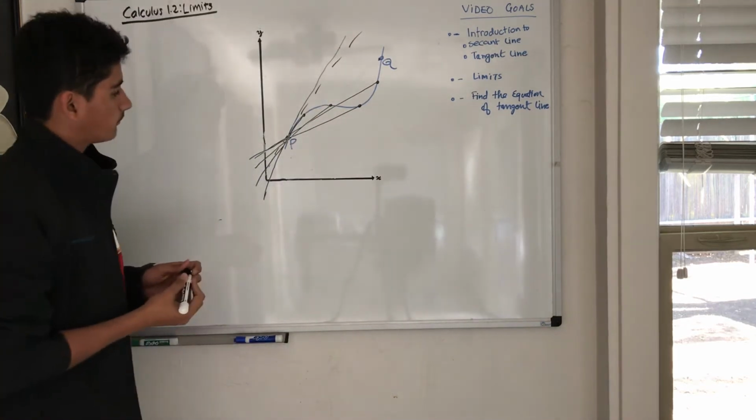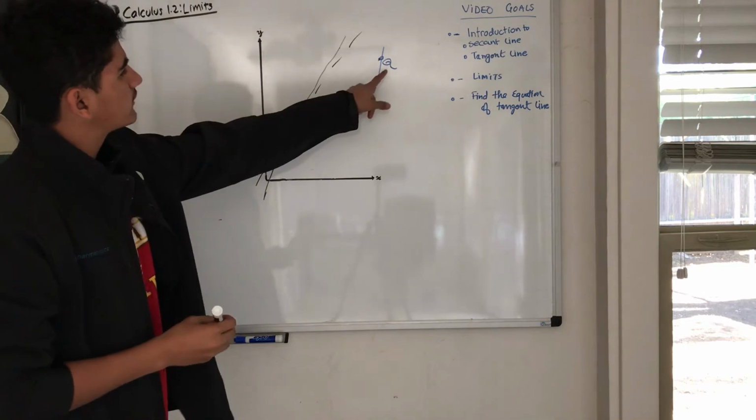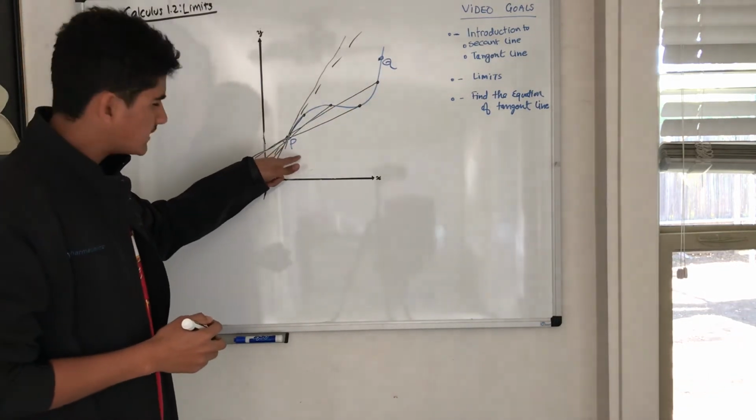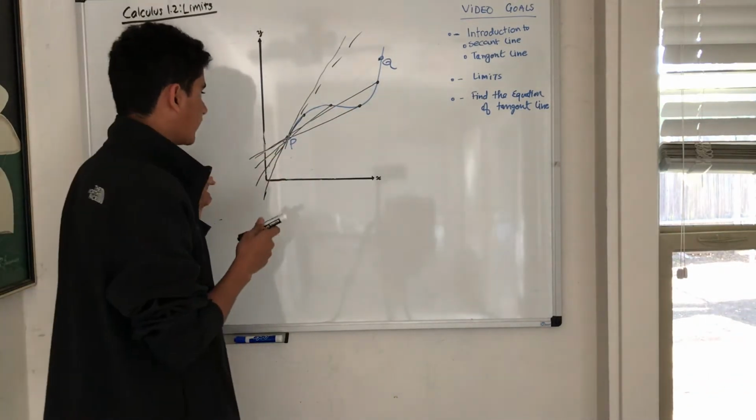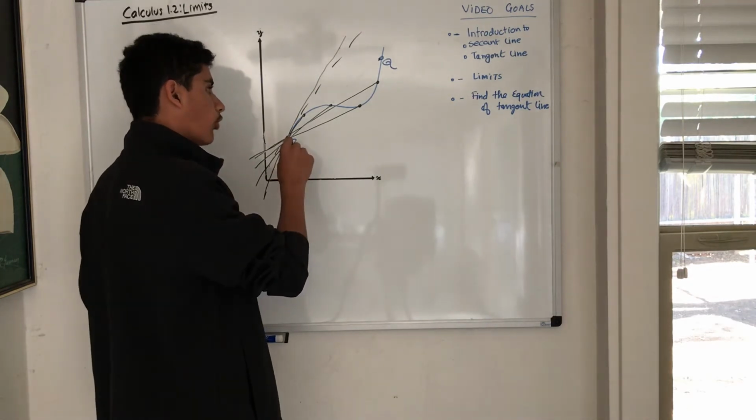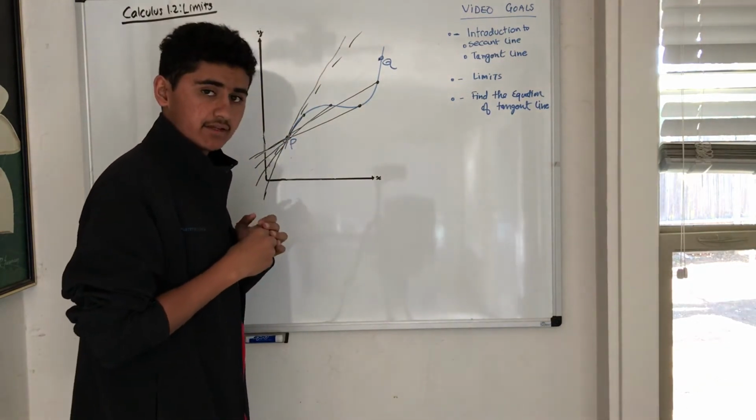And if you see, as I started moving point Q closer to point P, the secant line is starting to look more like the tangent line itself.